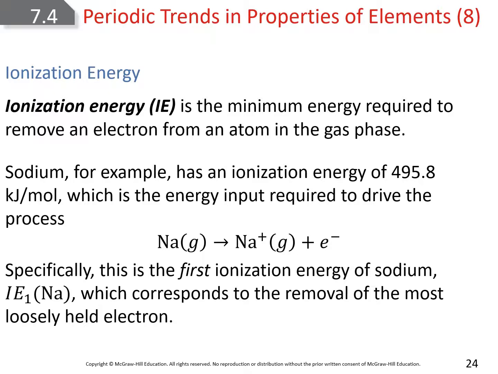Ionization energy is the energy needed to remove an electron or to take an electron from something else. So if fluorine, for example, is going to take an electron from something else, keep in mind fluorine has a total of 7 valence electrons. It wants 8 electrons to form the octet.